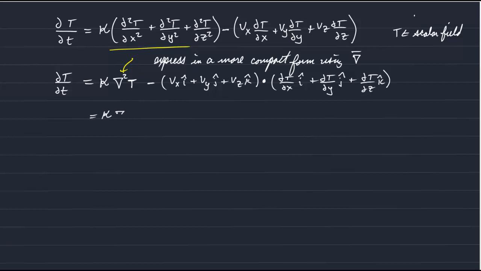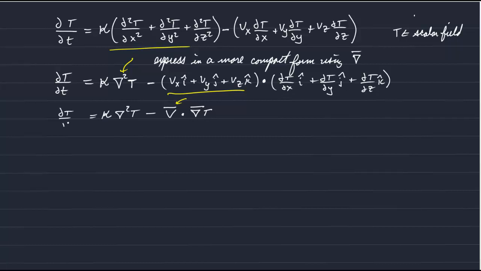And we can write that dot product as the dot product between a vector v and the gradient of t. Right? The partial with respect to each of the directions times the unit vectors in those directions.